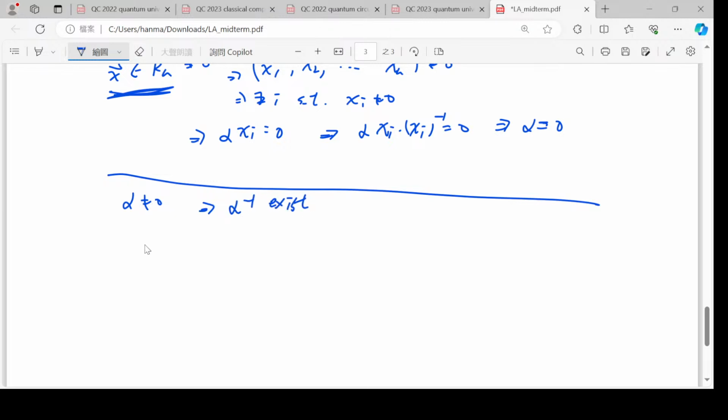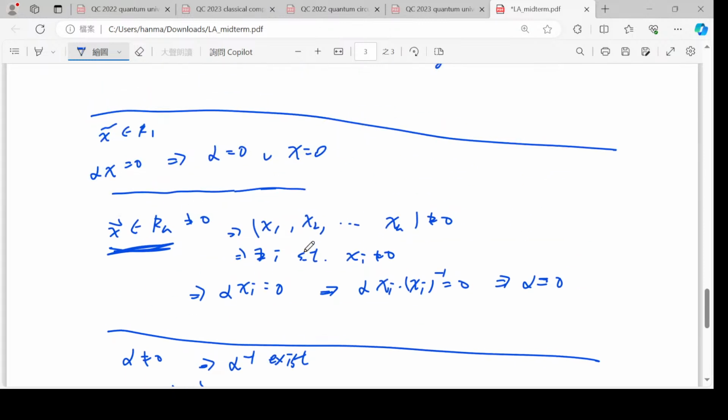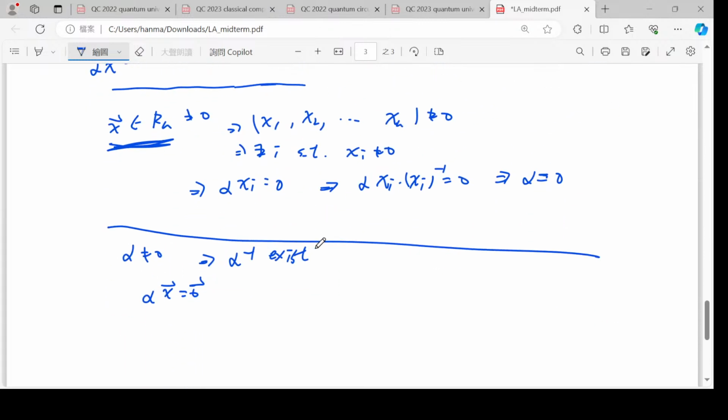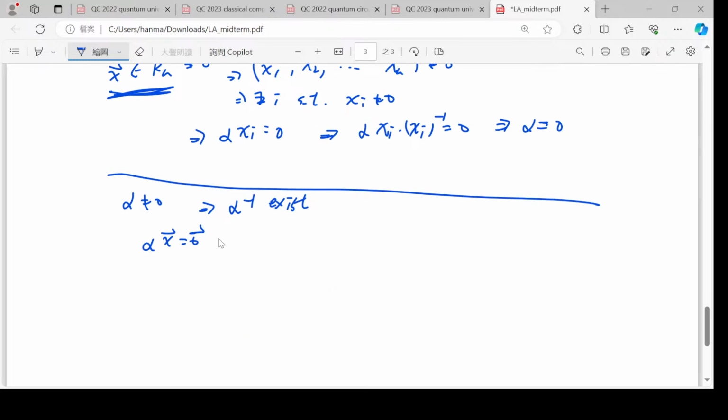We start with alpha x vector equal to 0 vector, and because alpha minus 1 exists, we multiply alpha minus 1 on both sides. So alpha minus 1 alpha x equals alpha minus 1 times the 0 vector.